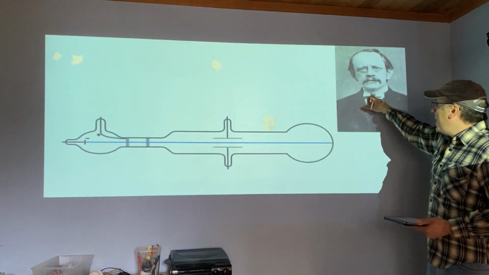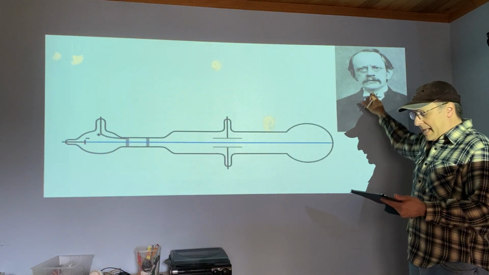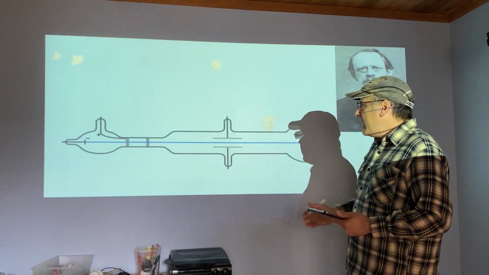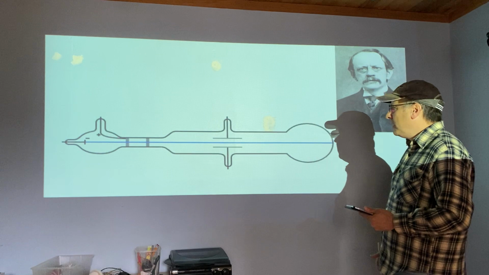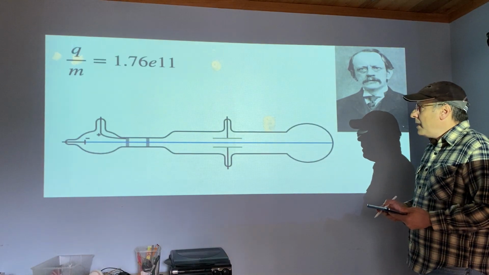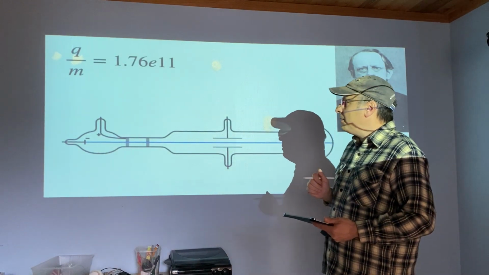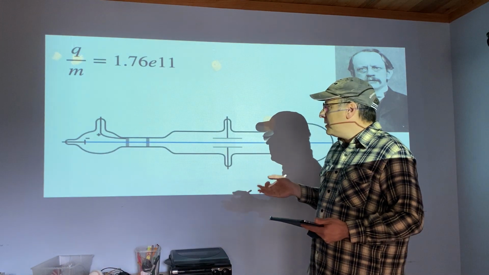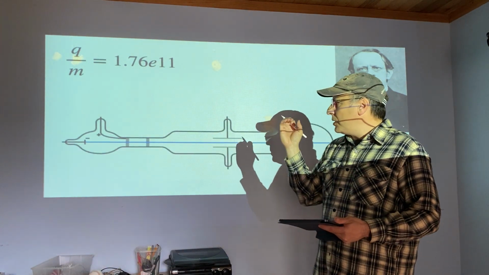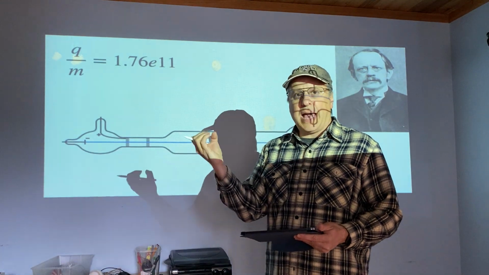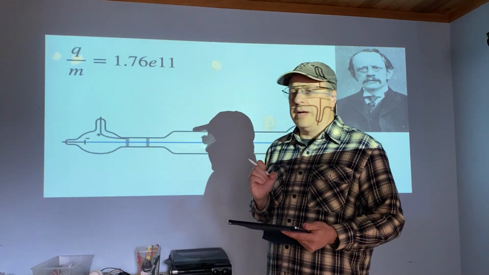Going back and looking at Thomson's experiment again, he had no idea what this cathode ray was. He was able to find this ratio, and now Millikan tells us that this beam was composed of quantized bits of matter, particles, if you will.